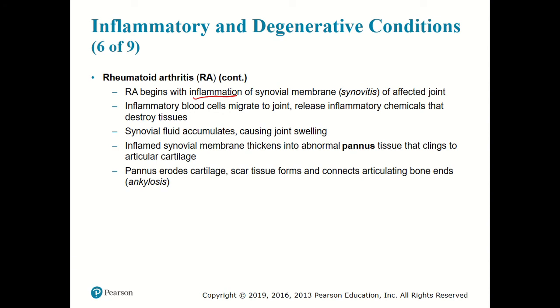The synovial membrane thickens, and then that clings to the articular cartilage. Scar tissue forms, and that scar tissue starts to connect the ends of the bone.